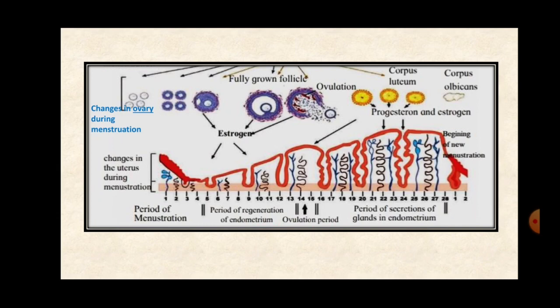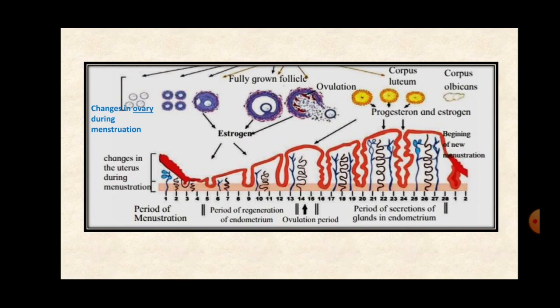But if the sperms do not come, the oocyte, after 24 hours, forms corpus albicans. If this oocyte is not fertilized, the corpus luteum that you saw, which was secreting progesterone, is now transformed to corpus albicans, which is the inactive form of corpus luteum.